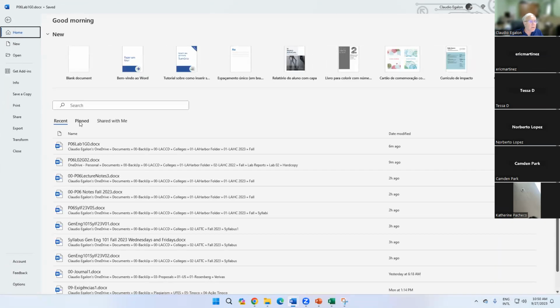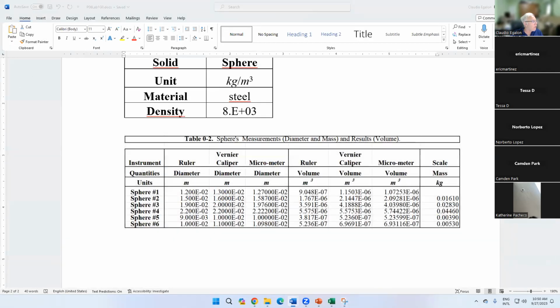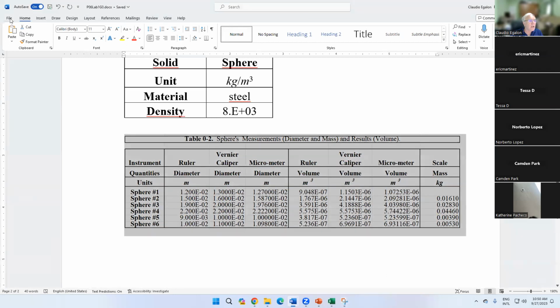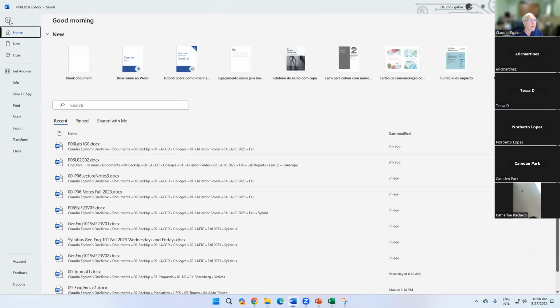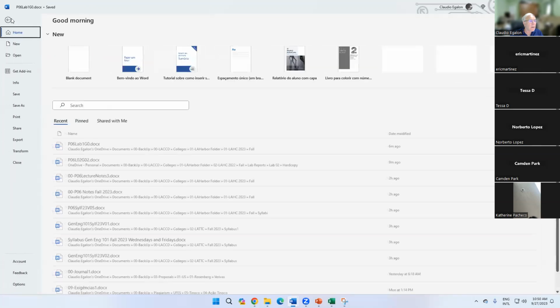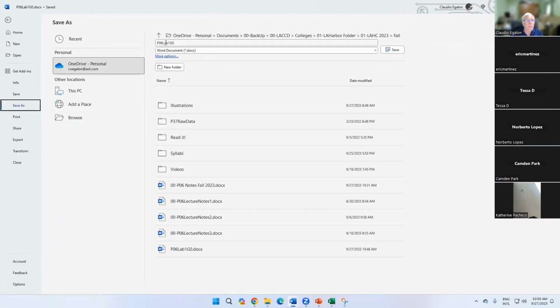Oh, by the way, let me rename that, okay? Sorry for the confusion here. I'm going to follow exactly what is in the syllabus. Here you go. Save as, P06, right? Should be L, the title, 01, and G, use 2 digits.